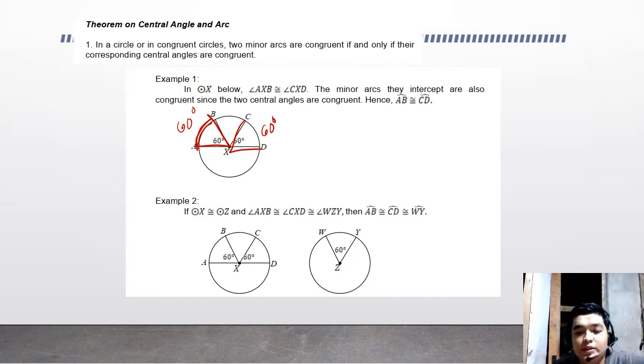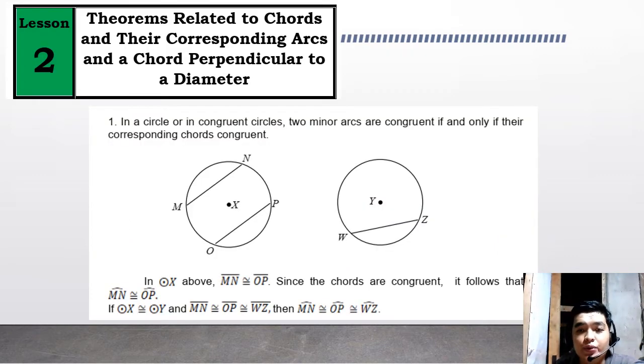So they are congruent. Lesson 2: theorems related to chords and their corresponding arcs, and a chord perpendicular to the diameter. The proofs of these theorems are already in your module, so you can explore how they are proven. In a circle or congruent circles, two minor arcs are congruent if and only if their corresponding chords are congruent.